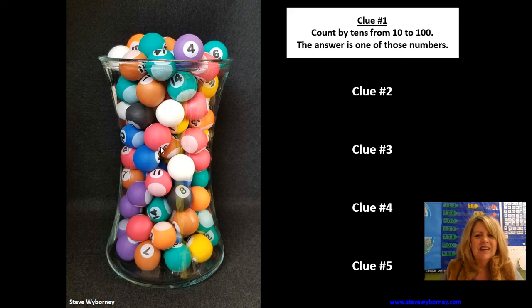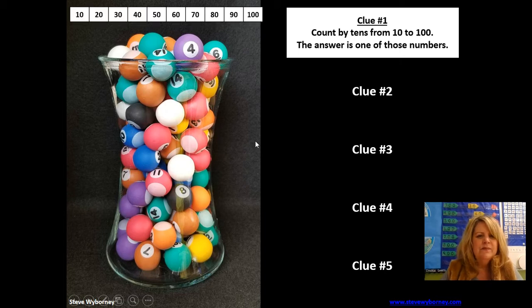It tells us the answer, or the number of cue balls in the vase, is a number that you would say when you count from 10 to 100. So I'm looking on that decade number line.